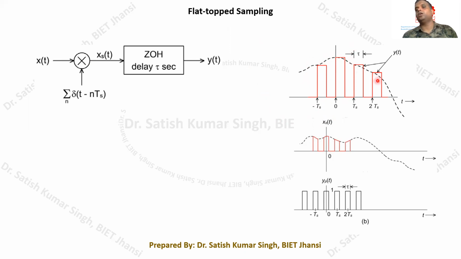Obviously the magnitude of each pulse will be different, but the top of these pulses will be a flat portion, as compared to the previous case in which the top of the pulses was not flat. This way we are performing the sampling of any analog signal, and this way we are doing the time discretization of the signal.